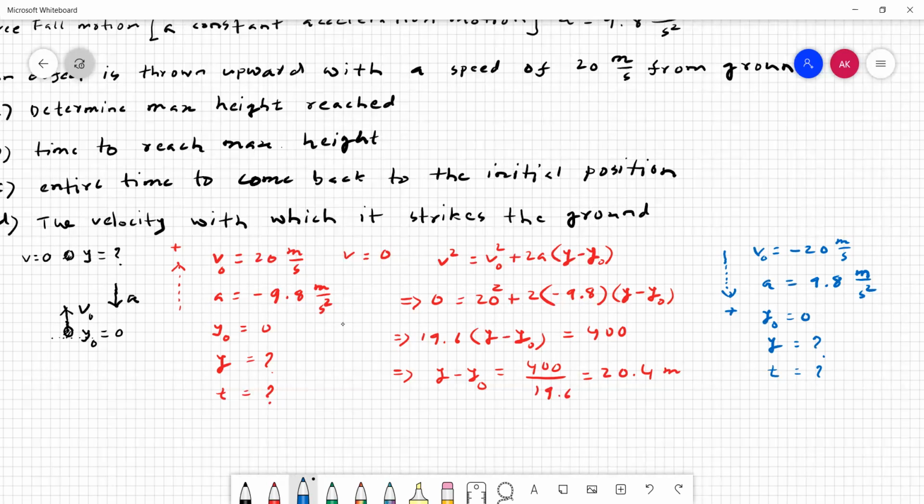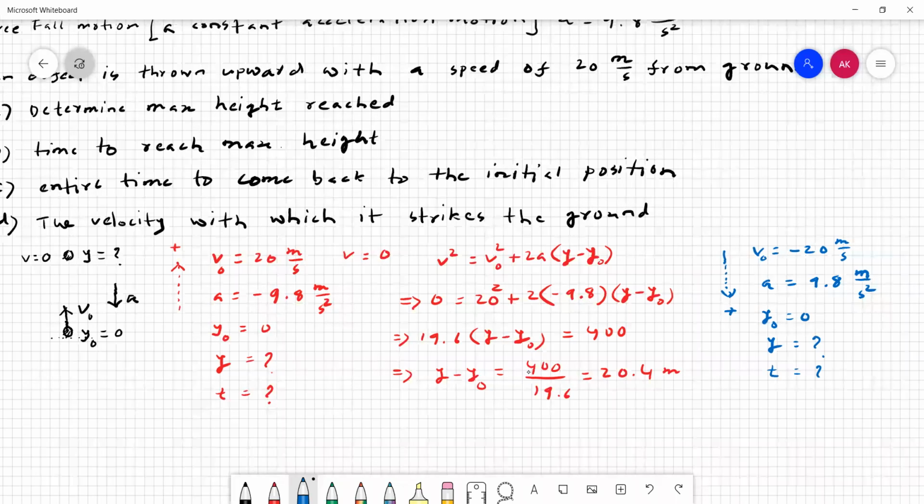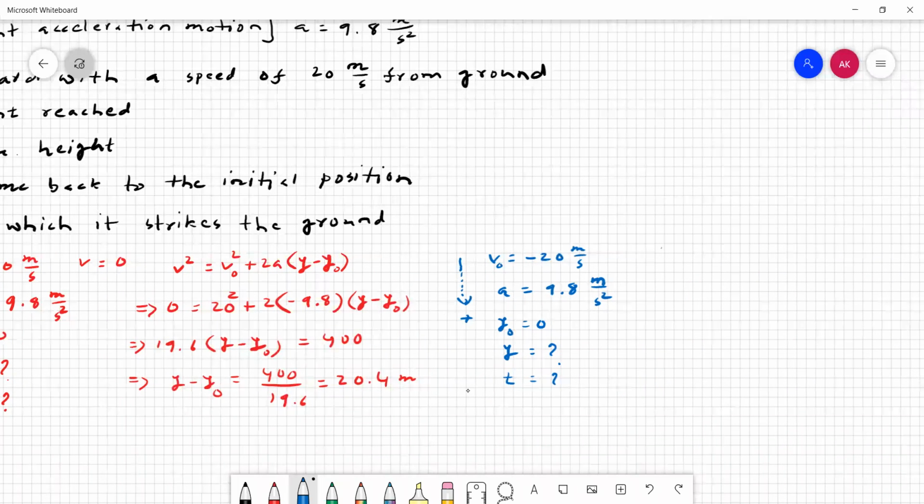If you solve this one, we're going to have v squared is equal to v naught squared plus 2a(y minus y naught). Final velocity is 0, so 0 squared is 0. Initial velocity is negative 20, whole squared. And this one is 2 times positive 9.8, then (y minus y naught).